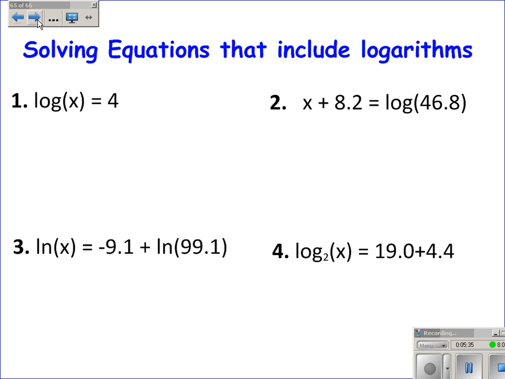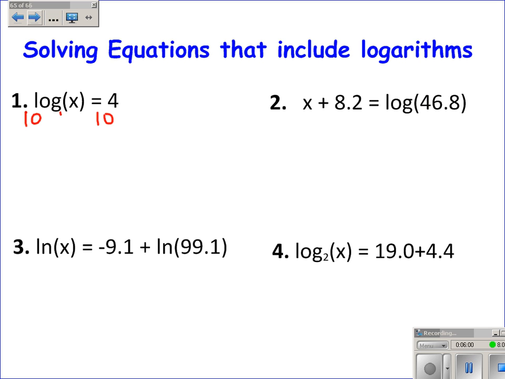Okay. Now, keep in mind that if there's no base written here, it's base 10. Okay, and we'll be using some laws of exponents that I haven't actually addressed in this video. I'm hoping you're familiar with it. If not, then go ahead and Google laws of logarithms, and I'm sure there's web pages about it or videos about it you can watch. So I'll solve this by taking both sides to the power of 10.